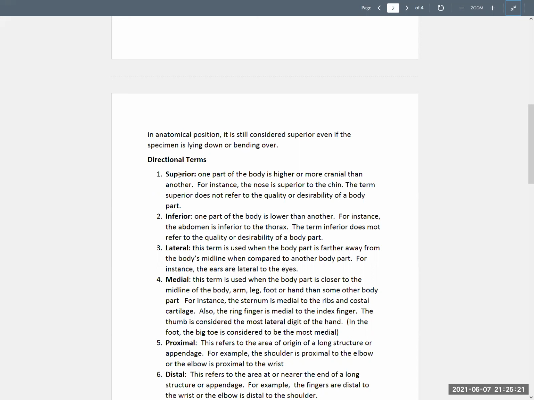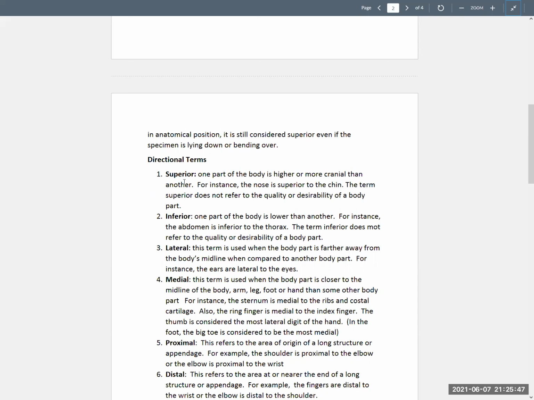Inferior is just the opposite. One part of the body is lower than another. The abdomen is inferior to the chest or thorax. The nose is inferior to the eyes. The words inferior and superior are not qualitative.